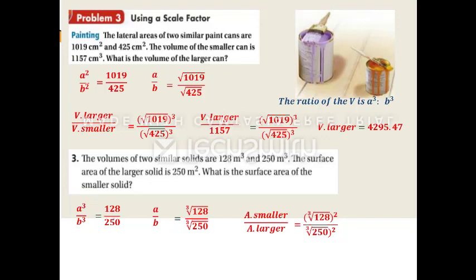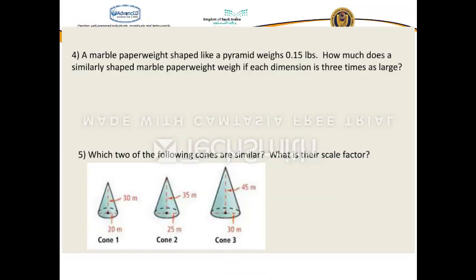By substituting the area of the larger, 150, and putting the same ratio after making them squared, because we need to find the area, we will solve using proportion to get the area of the smaller equal 160 square meters.